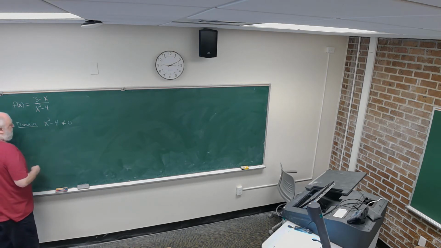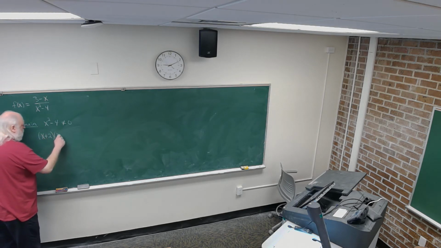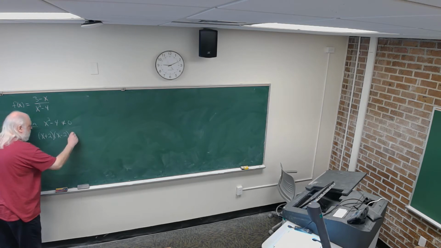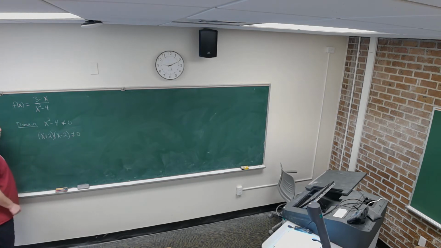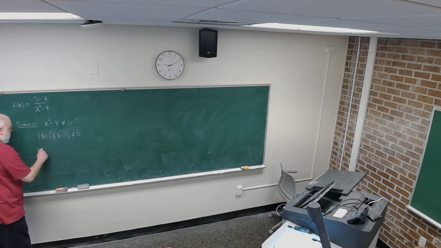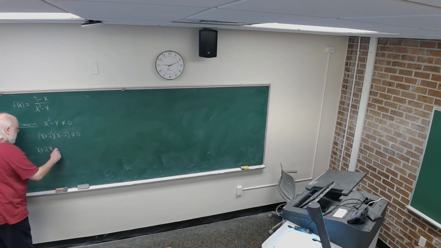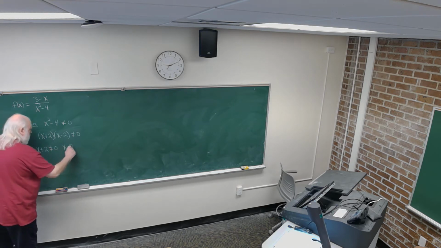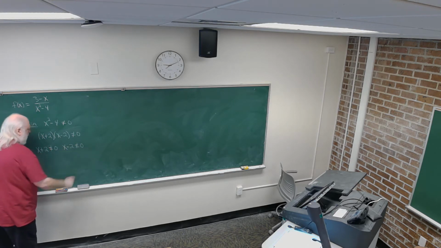Well, the left-hand side is the difference of squares. It factors into x plus 2 times x minus 2. And if that product can't equal 0, that means the first factor can't equal 0, and the second factor can't equal 0.